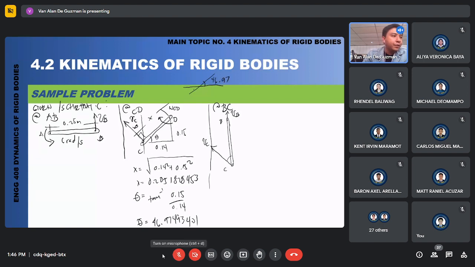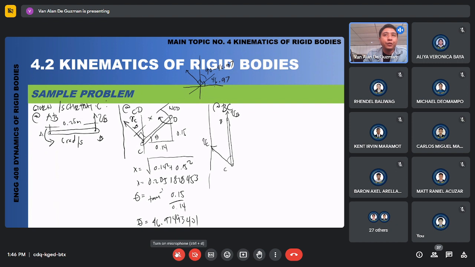Right? If this is 46.97, this is the direction of our VC. This is 90 degrees. If we cut a vertical line here, and this is 90 degrees, this angle right here is 90 minus 46.97.